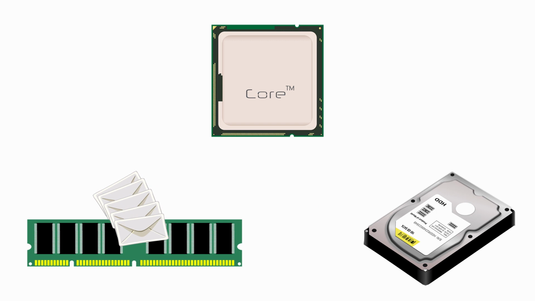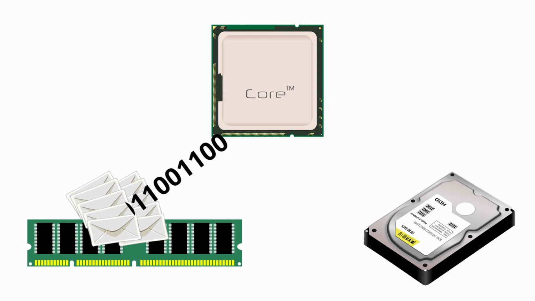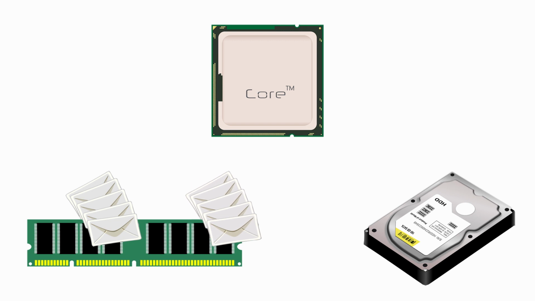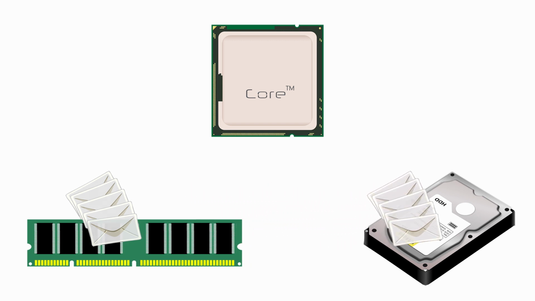CPU, the brain, reads the instructions from the file in RAM, performs calculations, and writes the result to the RAM. When another file is needed, the file is opened from the hard disk, copied in RAM, and then read. When all the work is done, the files are saved in the hard disk for future use.